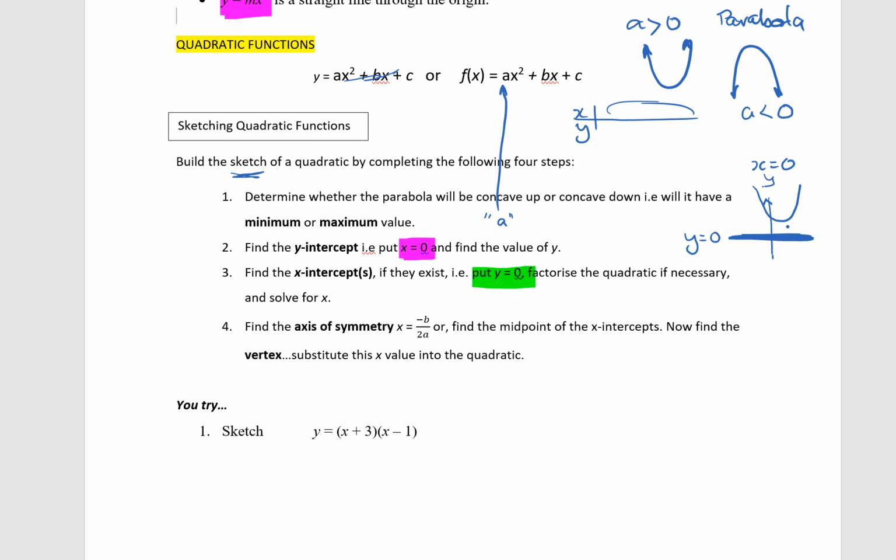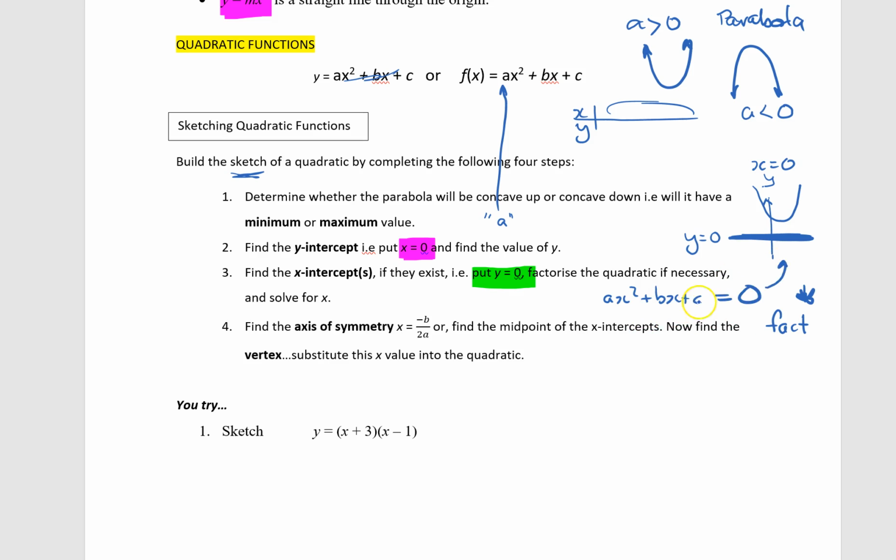Now, if you think about it, we did a lot of work putting our quadratic ax squared plus bx plus c equal to naught. Where did we do that? We did that when we were factorising. Why? Because we want to know the x values that give us this situation where the quadratic is equal to naught. How does that equate to the graph?